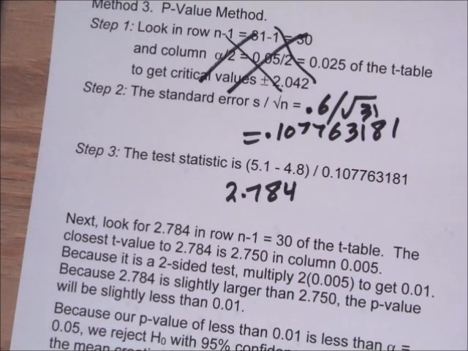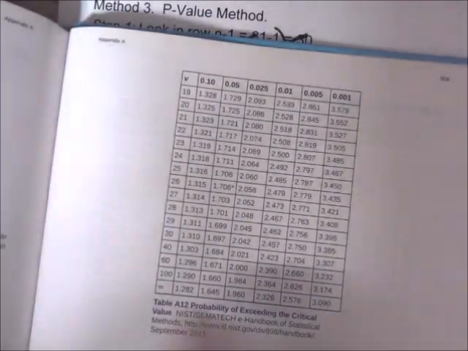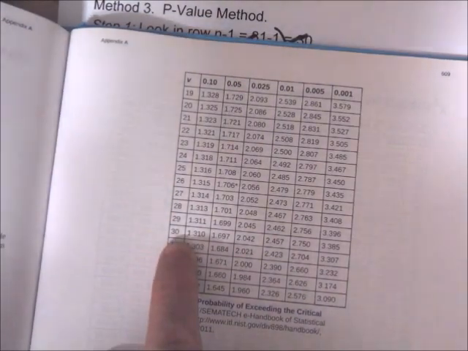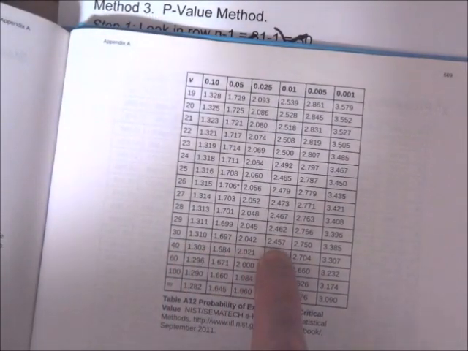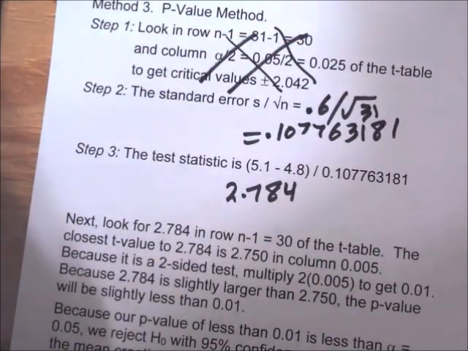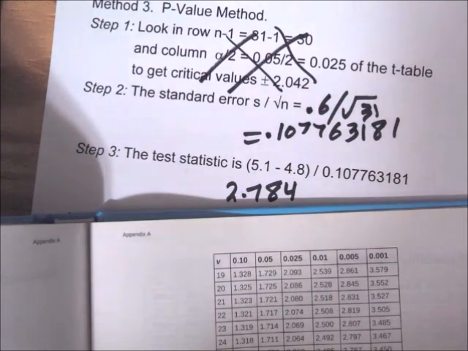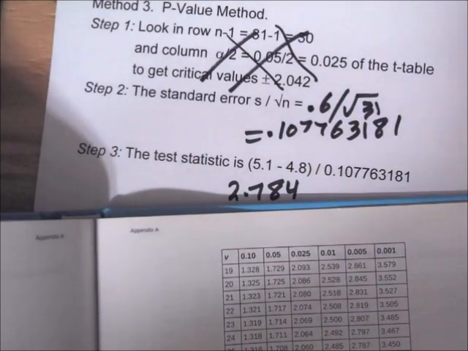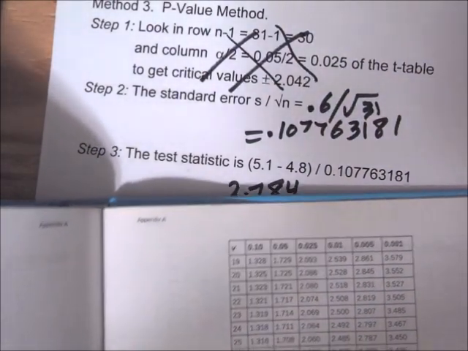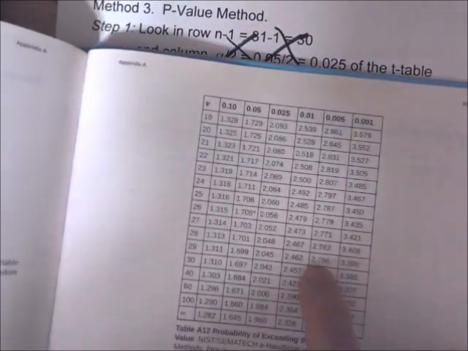So let's take a look at the t-table again. We're looking in row 30, and here's the closest value. It's 2.750. We have 2.78, and here we have 2.75, so that's going to be the closest one.